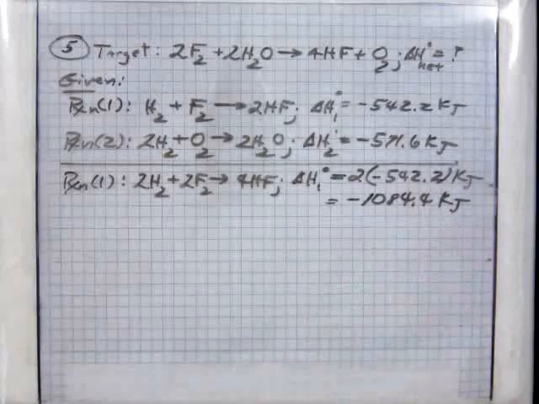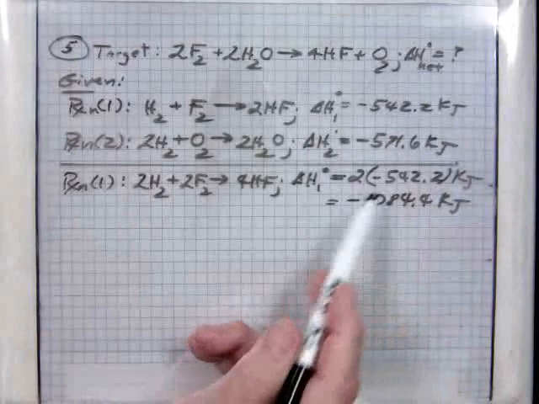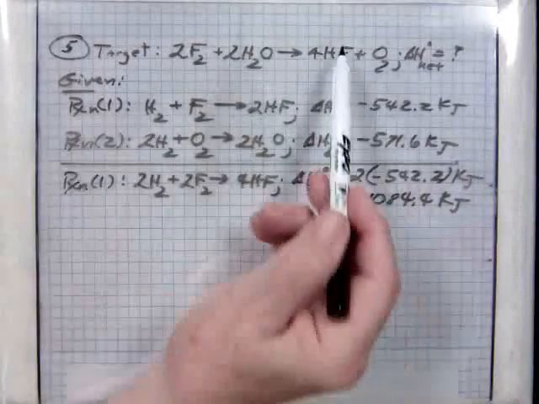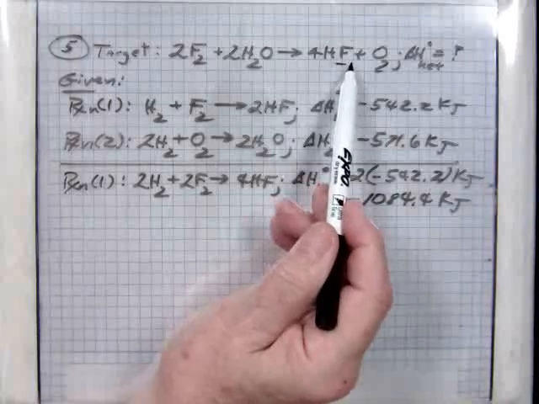Okay, so that's our first reaction, and again we had to multiply through by 2 on everything in order to get the 4 HFs.